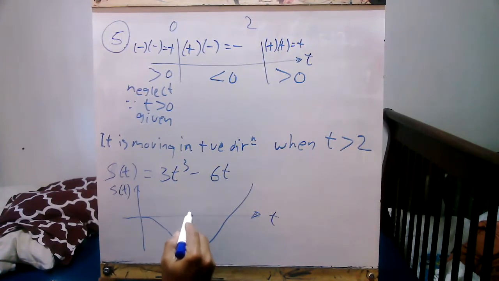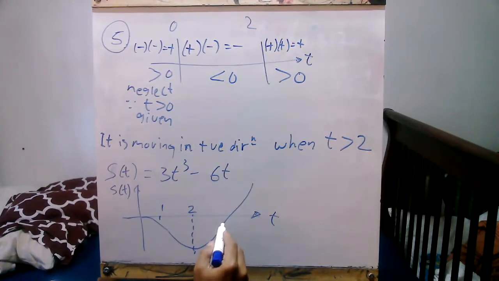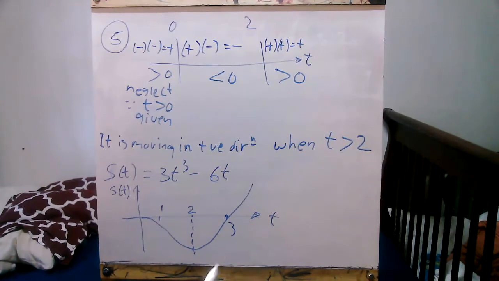This point is 2. 1 is somewhere here, 3, 4, like that.